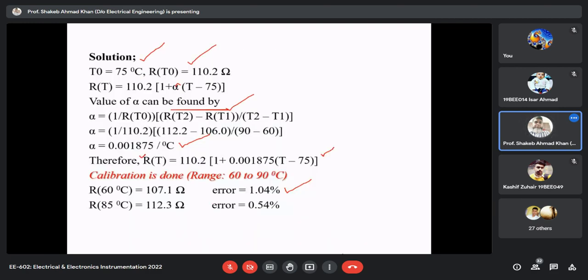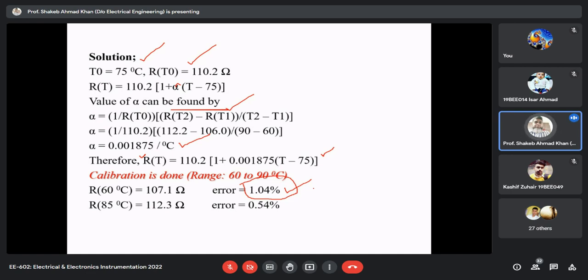So the error is 0.54. Suppose for 60 to 90 degrees this is the maximum error. So the manufacturer will say that with this calibration, the maximum error is plus minus 1.04% you should expect. Maximum, not the minimum, maximum.